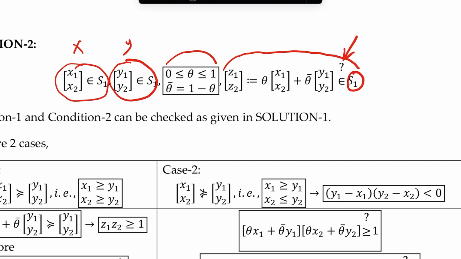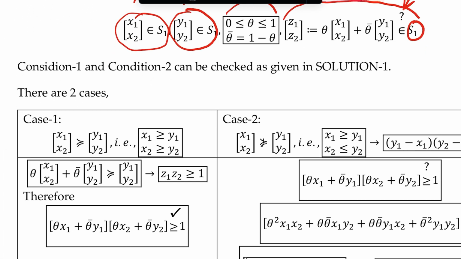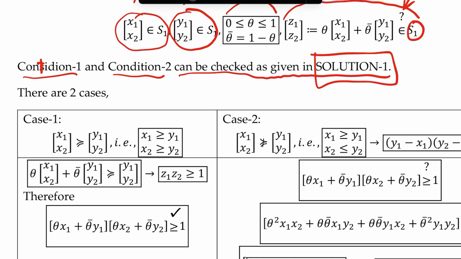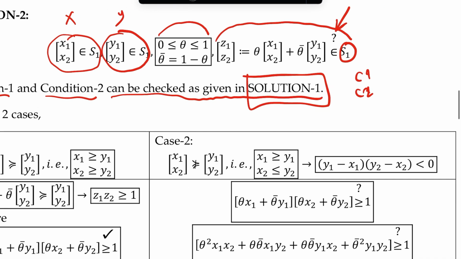If that is the case, then convexity is proved. So condition 1 and condition 2 can be checked as given in solution 1. What I'm saying is that we have three conditions: condition 1, condition 2, and condition 3. And condition 1 and condition 2 we're going to prove the same way. What were they?